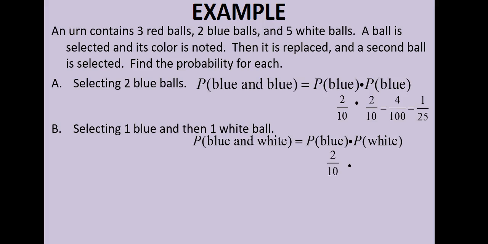We're going to multiply that times the probability of a white. Well, there were 5 white balls out of the 10, so that would be 5/10. So 2/10 times 5/10, hopefully you see by now, would be 10 100ths, excuse me, which would be 1/10. Getting a little ahead of myself, I made a mistake, but 10 100ths would simplify down to be 1/10.